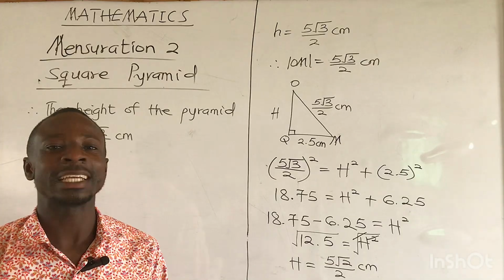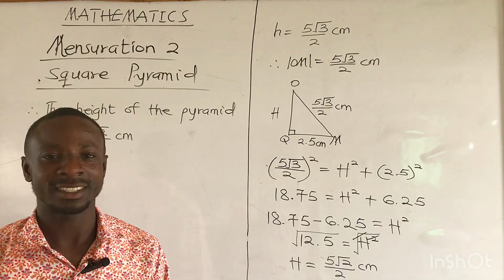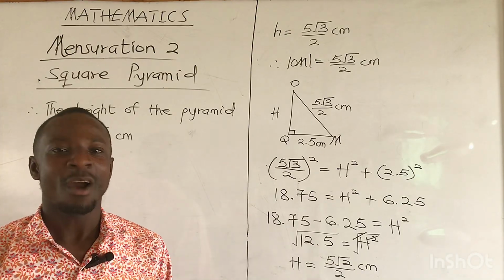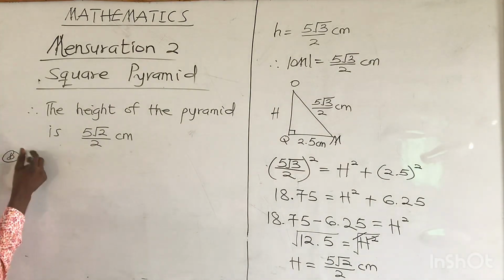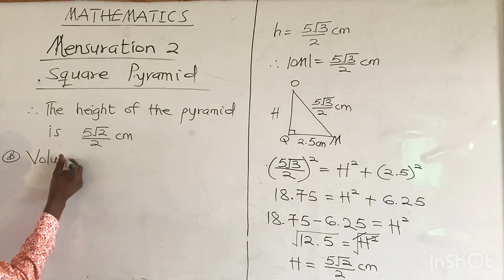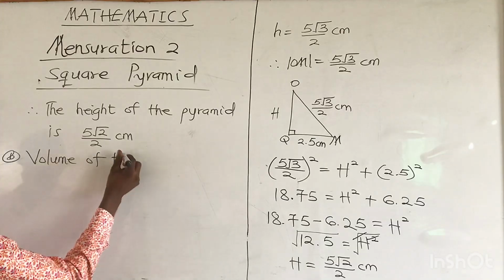So now let's look at the second part of the question, which is the volume of the pyramid. So B, volume of the pyramid.